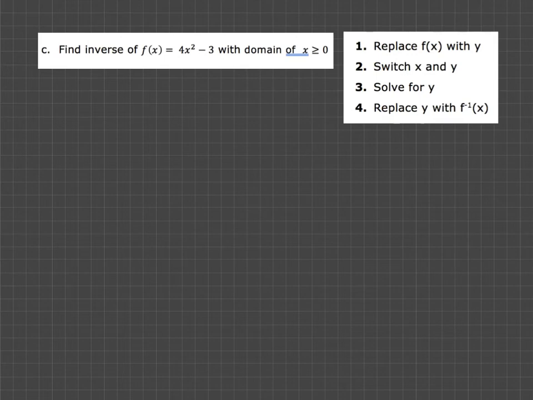Let's also determine the range of this function. We're going to be able to get that from the vertex. Okay, so we know this is a parabola that opens up. The lowest point, the minimum point, is right there. And we can figure out what the y value is of that minimum point by using what we know about transformations. We have that x squared, and we're subtracting 3.